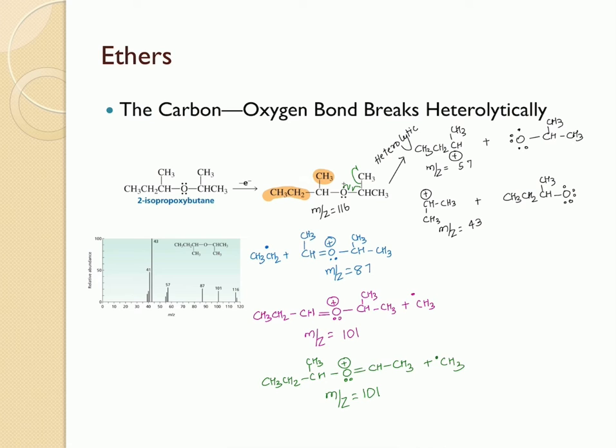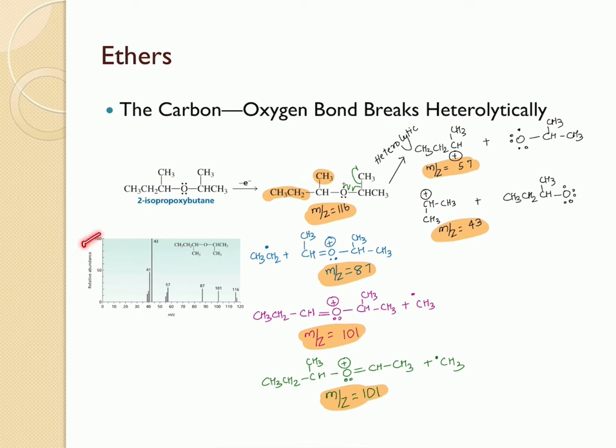So now in the mass spectrum of this ether, you should have these peaks corresponding to these M/Z values. First is the molecular ion, and then this carbocation, and then the isopropyl cation. And then there is going to be one peak for the M/Z value of 101.